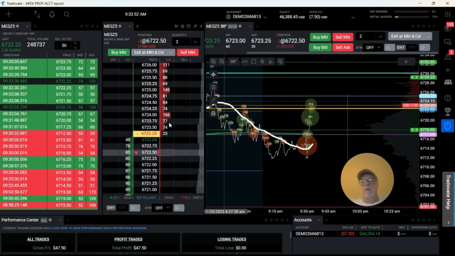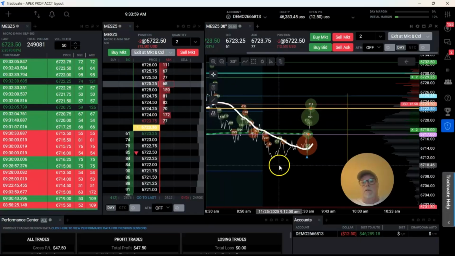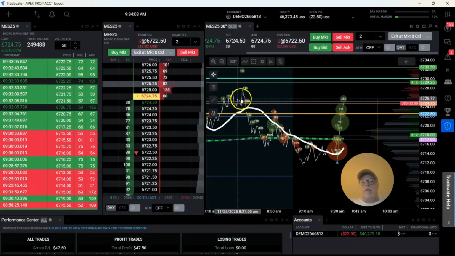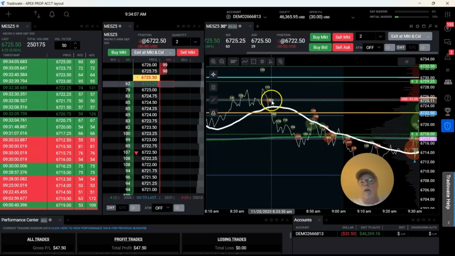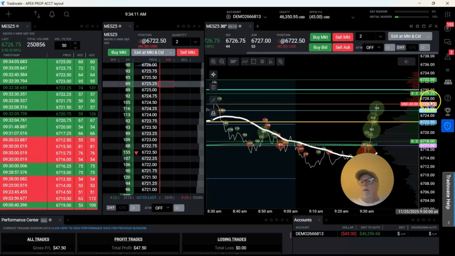If we get there, looks like the buyers are trying hard. They're not being very successful though. Let's have a group of sellers right here because we moved down pretty good from right there. Okay.